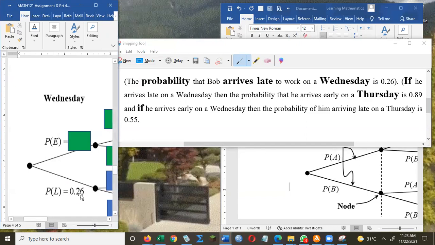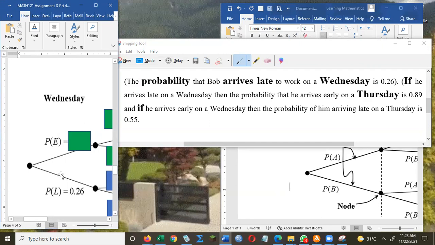Here it is. Now, coming to work late implies the possibility of coming to work early. It's obvious. So you can either come to work late or early. Remember, the sum of the probabilities across any node, those points are called nodes, is equal to 1.